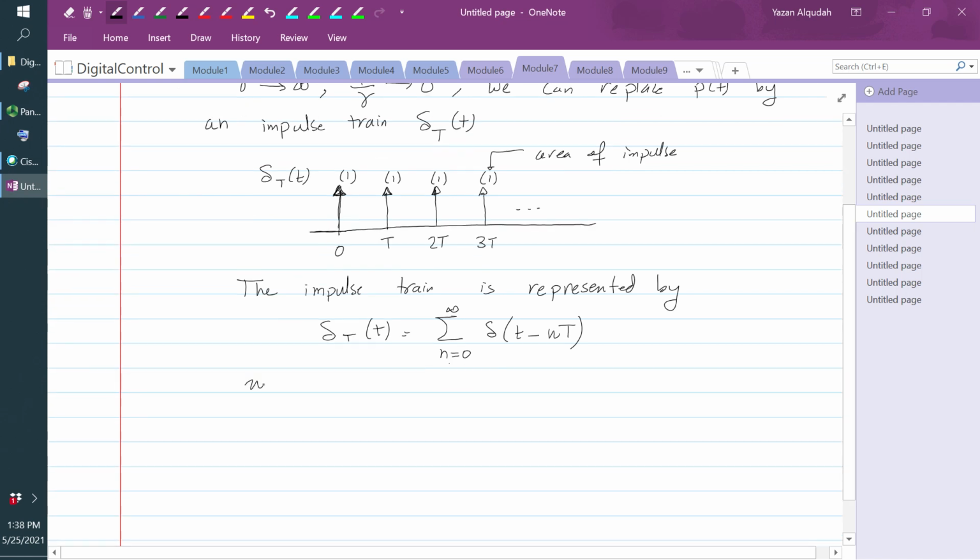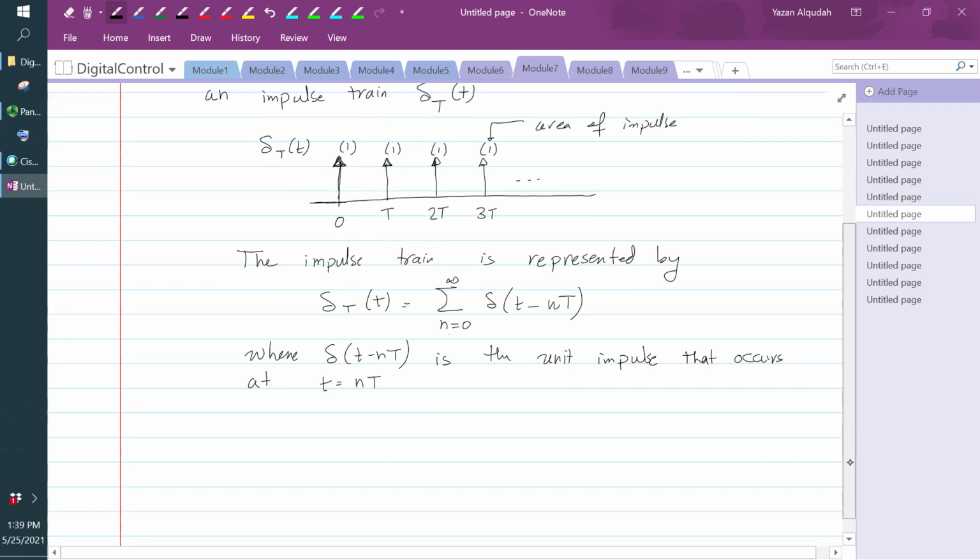Okay, where delta of t minus n multiplied by T is the unit impulse that occurs at t equal to n multiplied by T.